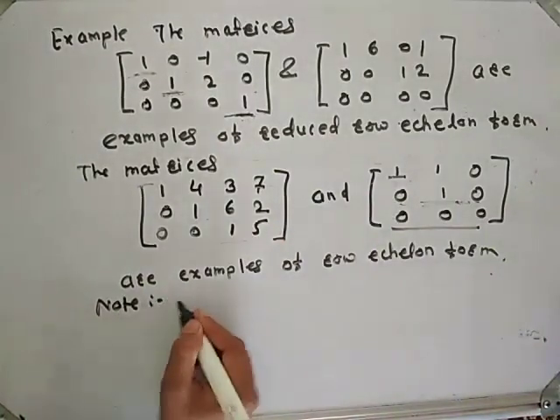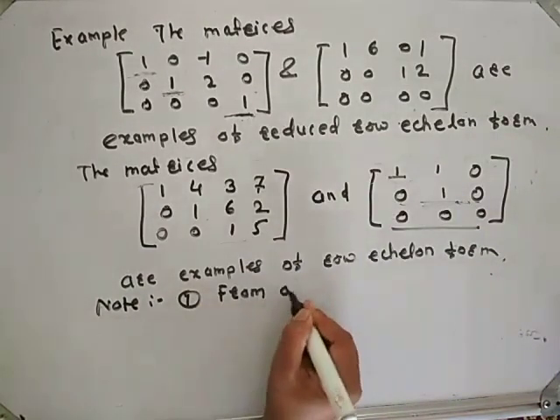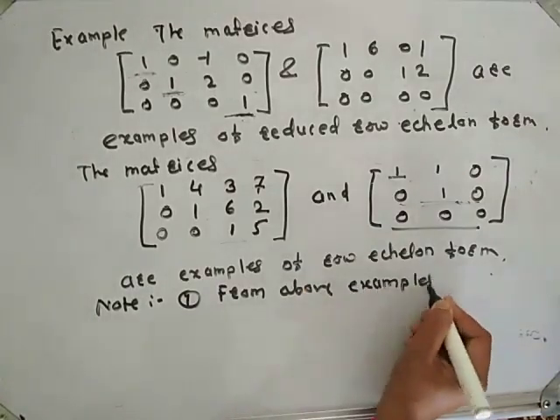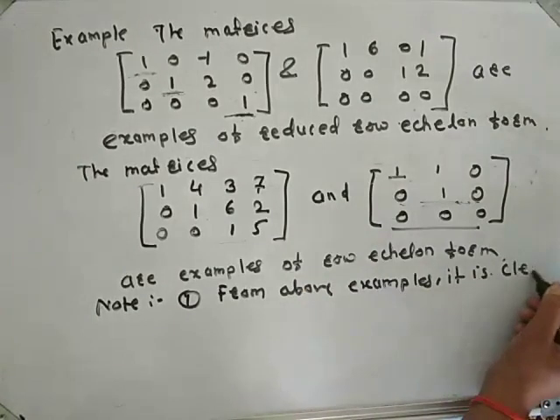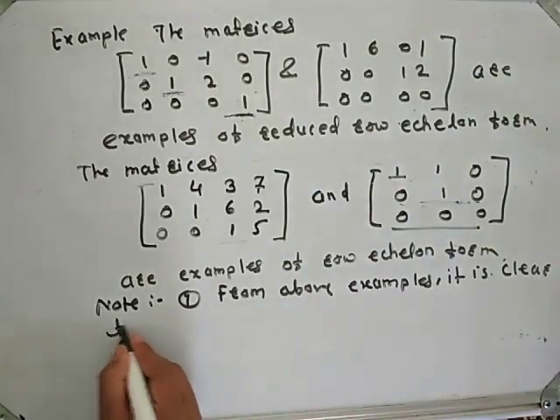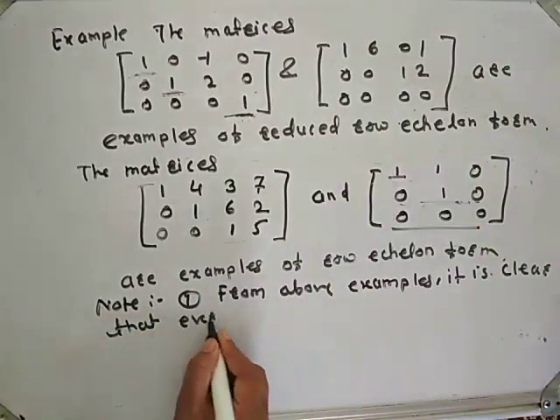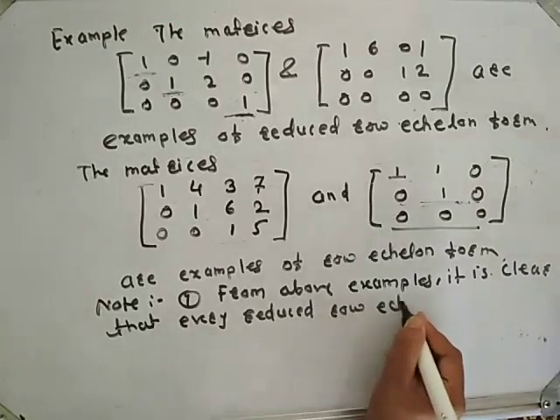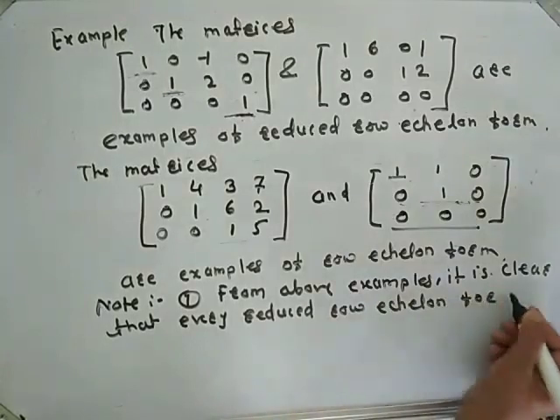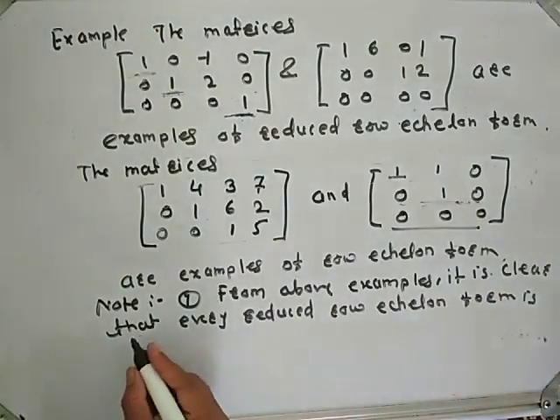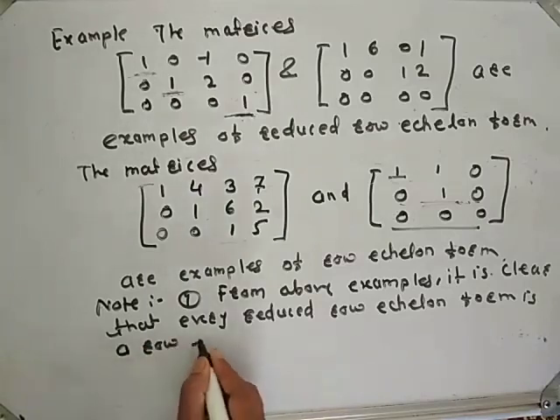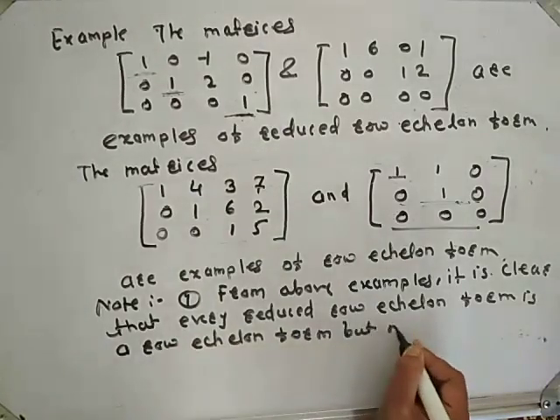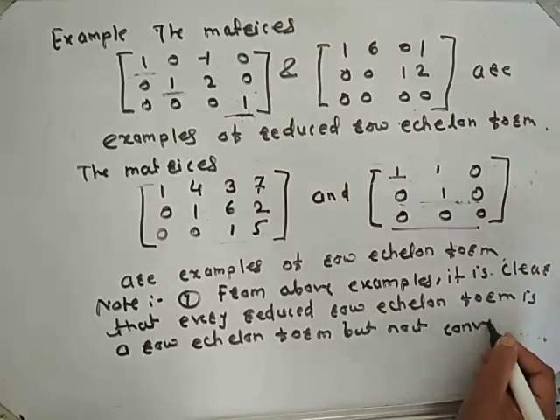Let us write down note 1. From above examples, it is clear that every reduced row echelon form is row echelon form, but not conversely.